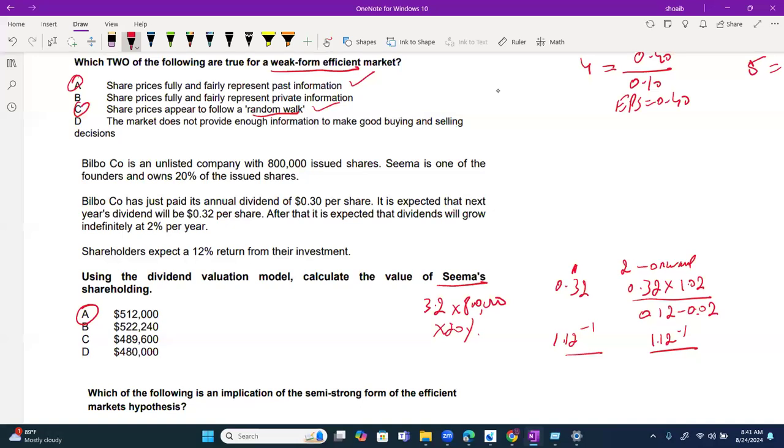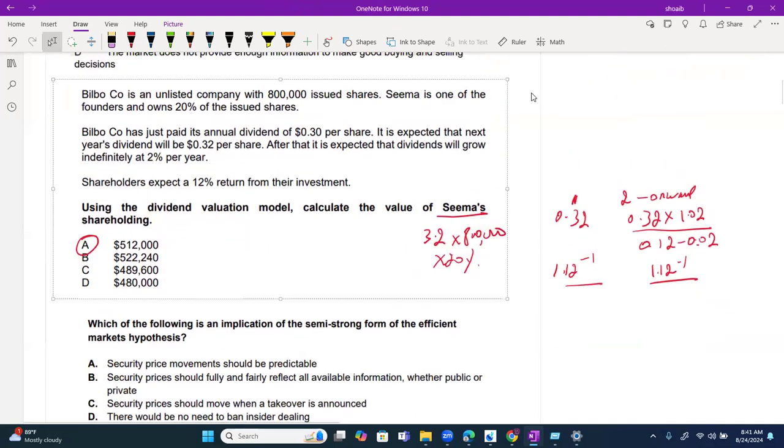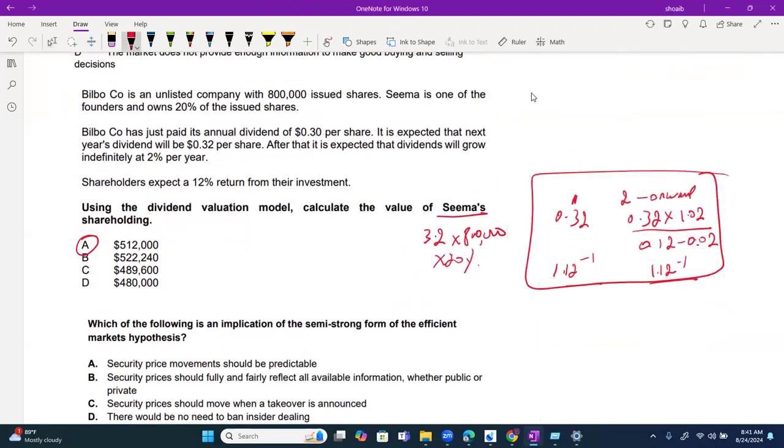Okay. We will calculate the market value per share and multiply it with the number of shares. But in the question, we will only calculate 20% of the answer. Okay. There is another way of solving the question. I usually follow this technique, but there is another way.